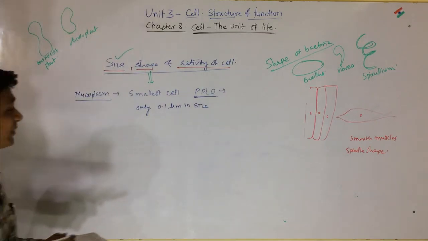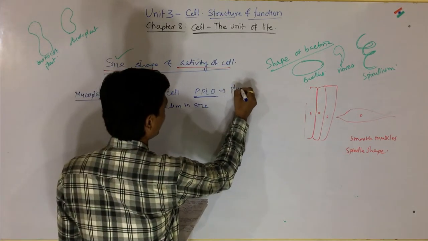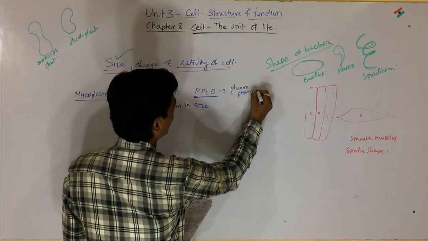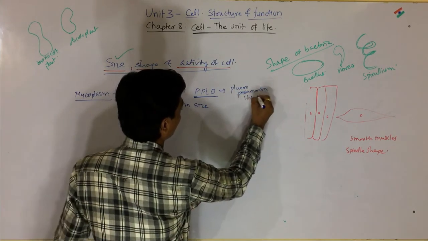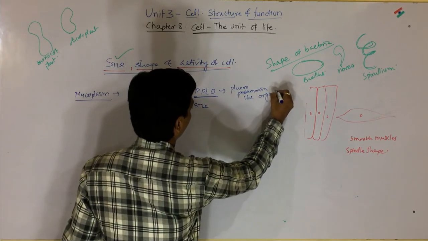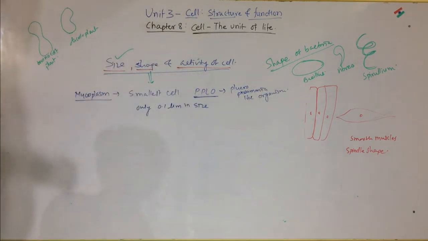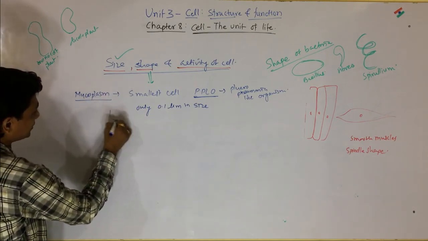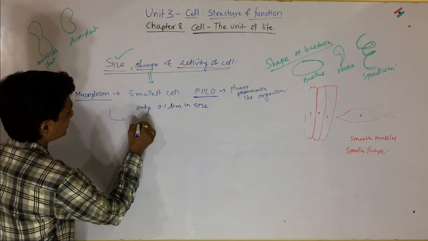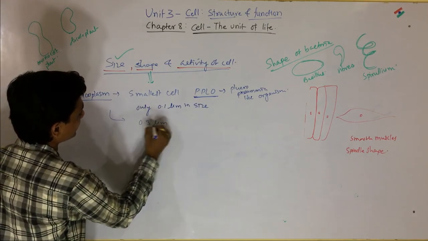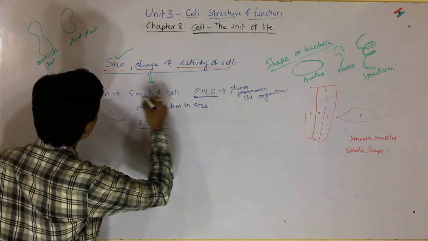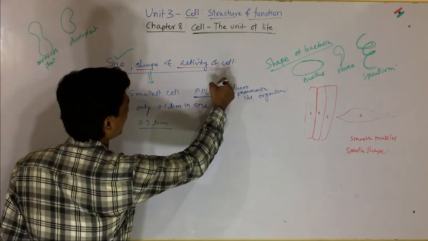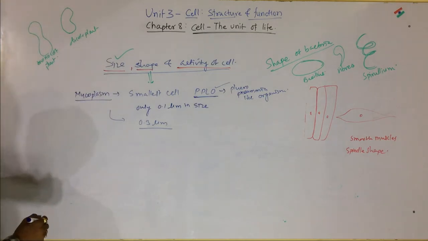The long form of PPLO is pleuropneumonia-like organism, which is the smallest cell in the universe. Mycoplasmas usually have a size of 0.3 micrometer, but PPLO is one exceptional case, and it is the smallest cell.